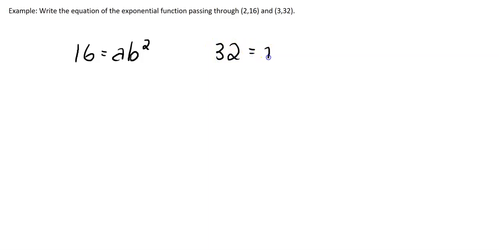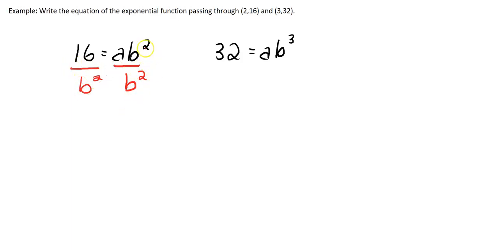So I need to create a system of 16 equals ab squared, and 32 equals ab cubed. Now you'll notice last time we solved the simpler equation for a, mostly because b to the 0 is 1. But I'm going to try to do the same thing this time.